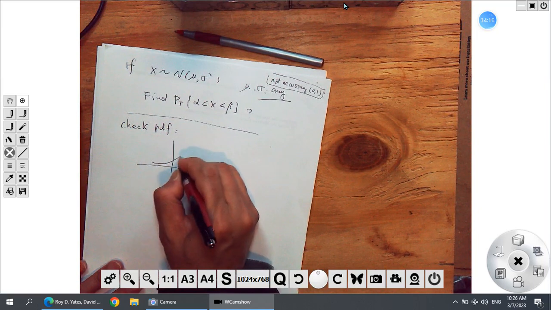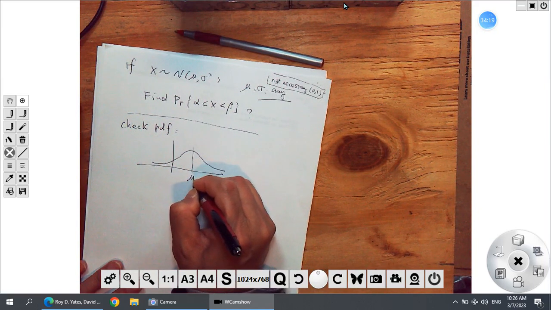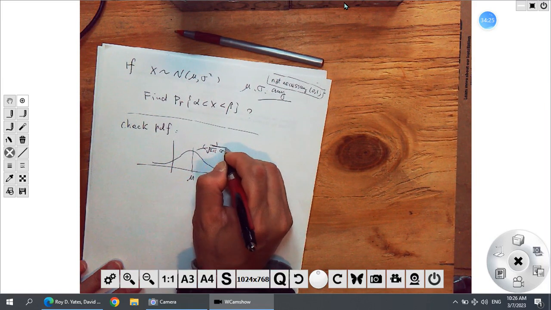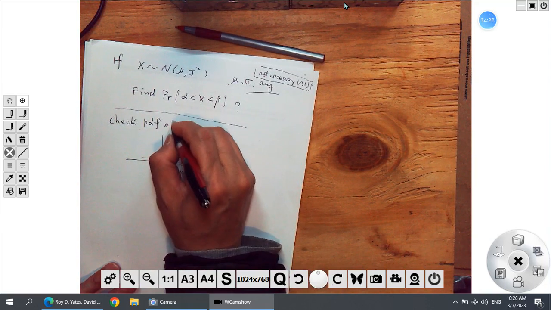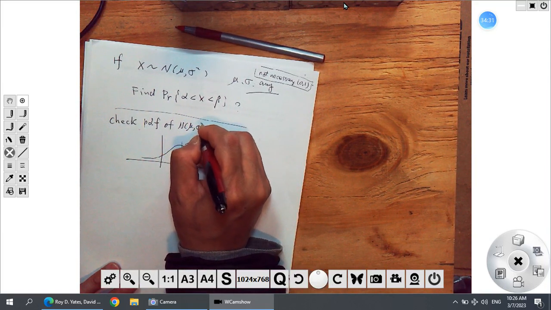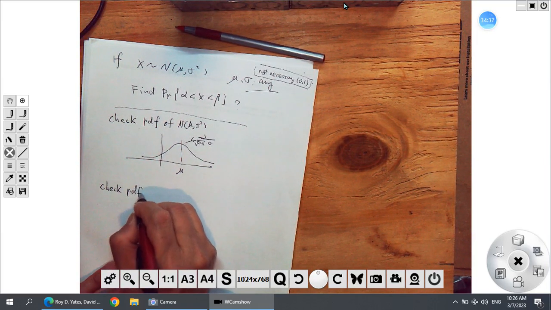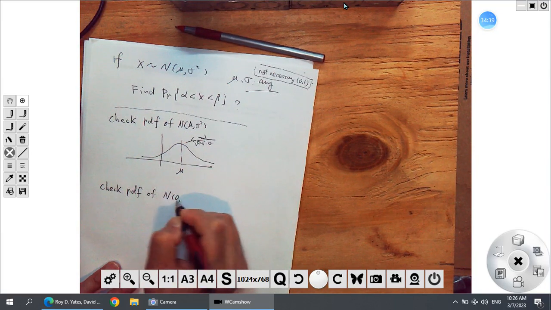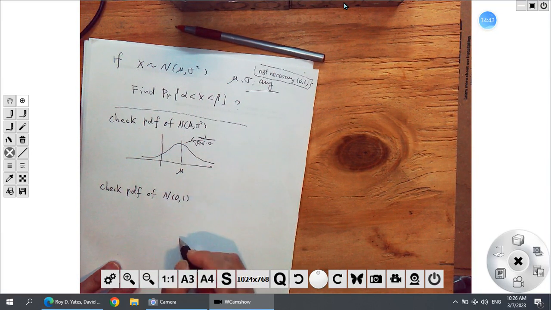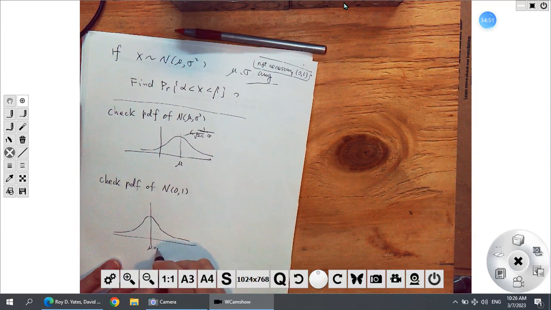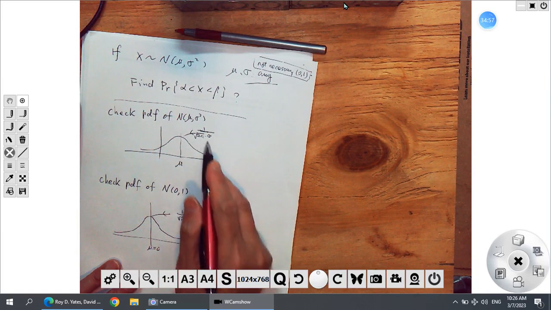It looks like this. Here's mu, and here's 1 over the square root of 2 pi times sigma, for N(mu, sigma squared). We compare it with the PDF of N(0, 1), where sigma is 1, and 1 squared is still 1. It looks like this. Here mu is 0, and this point will be 1 over the square root of 2 pi, because sigma is 1.